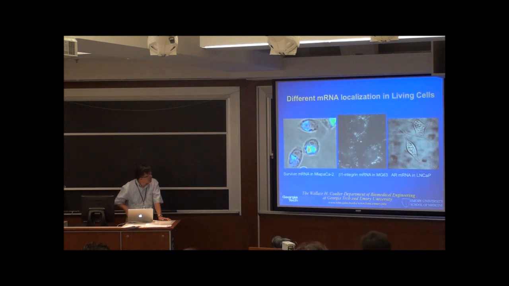Then you do delivery, as I mentioned. Just to give you some idea of the localization in terms of cellular imaging: you can see survivin messenger RNAs in the pancreatic cancer cell line MIA-PaCa2, where the signal is on one side of the cell nucleus. That shows where the messenger RNAs of survivin localize.